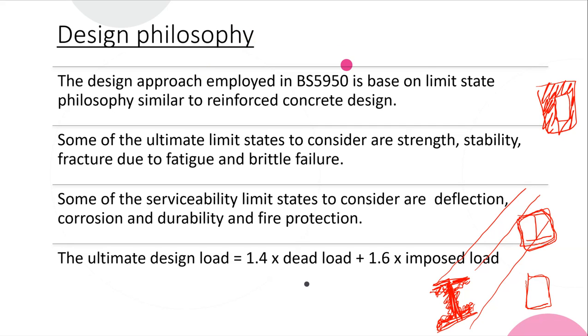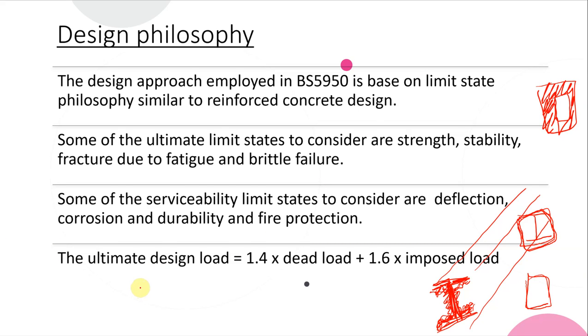So that is intumescent paint. Other than that, perhaps you can check your notes from the lecturer who taught steel, or you can google. There are many other fire protection methods for steel.